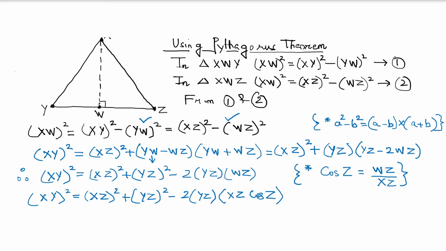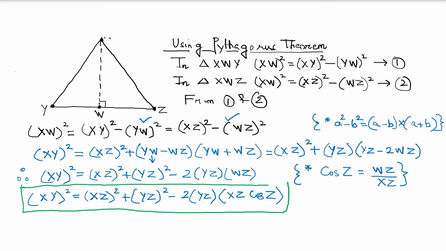Therefore, if I wish, we can stop here and we can say this is what the cosine rule is when the given triangle is an acute angle triangle. I repeat, the triangle has to be an acute angle triangle, which is AAT.